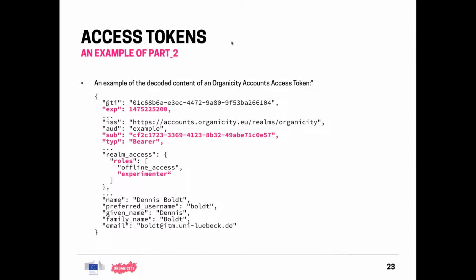For example, you have an expiry, which tells you that this token expires exactly at this time. You have a subject, the subject is the user ID. You have a type, bearer, that tells you if you can use this token as a bearer token. And we have some roles included in this token as well. For example, in this case, I have the experimenter role. Actually, this is a token I created some days ago.